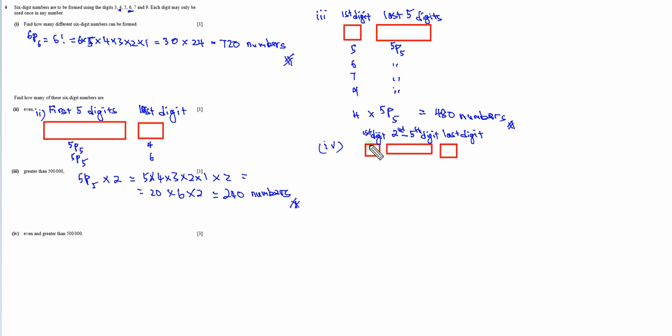Now let's talk about the first digit. For it to be greater than 500,000, it must be 5, 6, 7 or 9. You can write 5 here, 6 here, 7 here, 9 here.